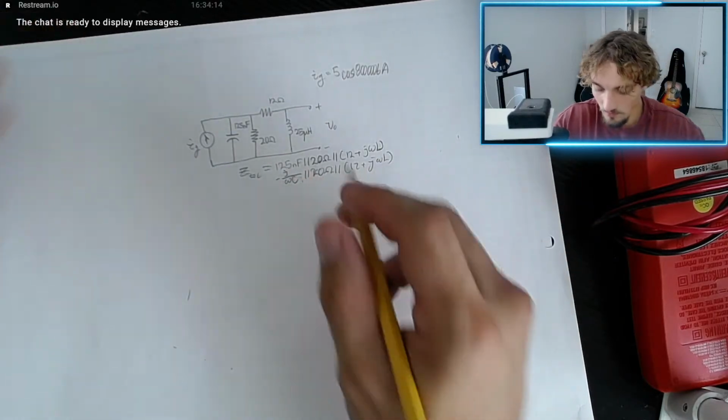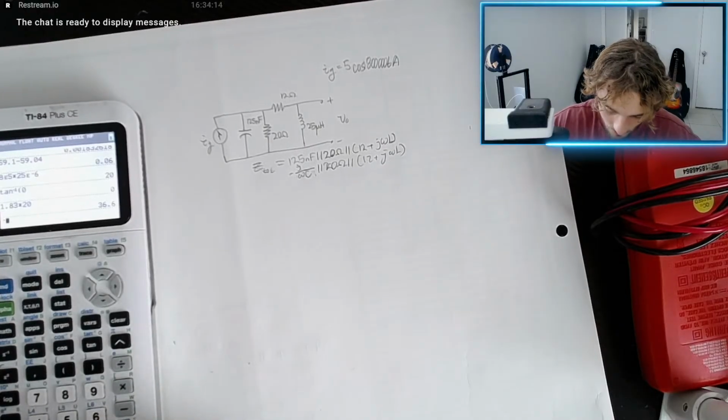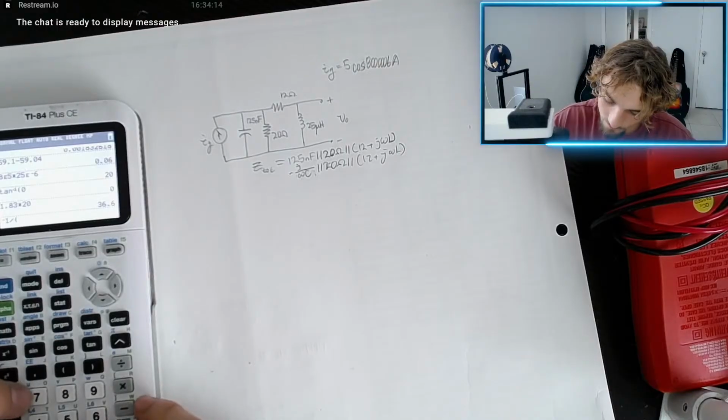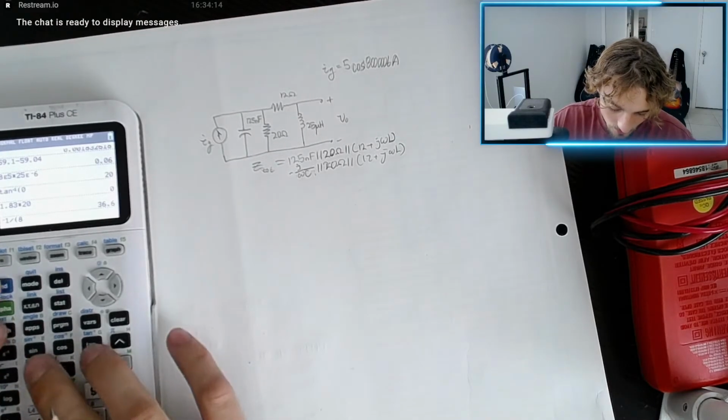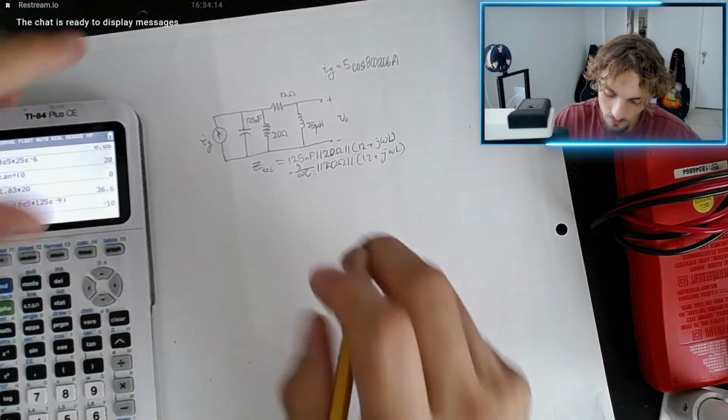So omega C, let's calculate that first. Negative 1 divided by 8e5 times 125 e to the negative 9.